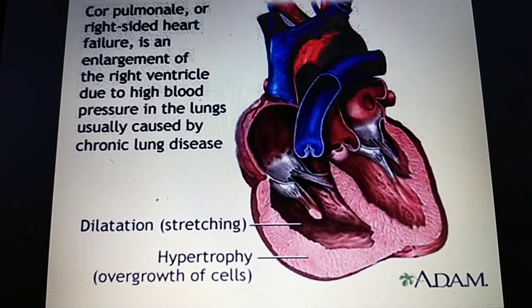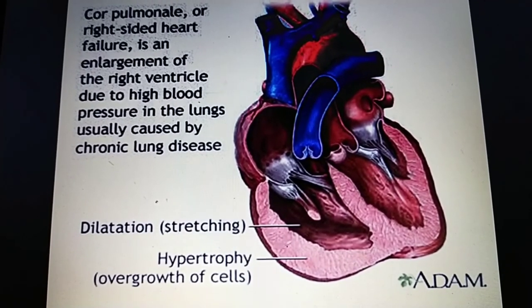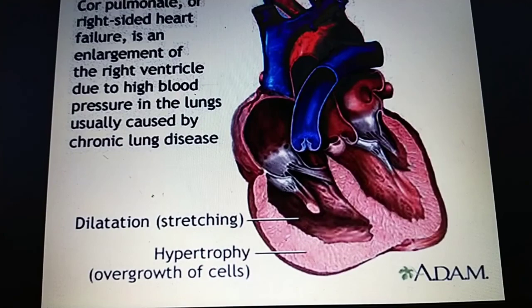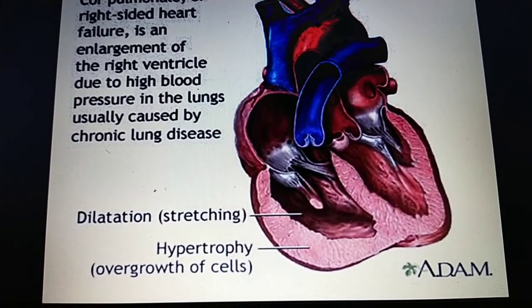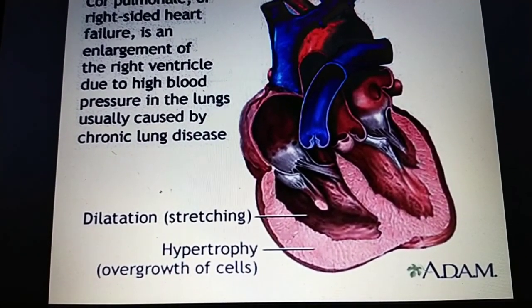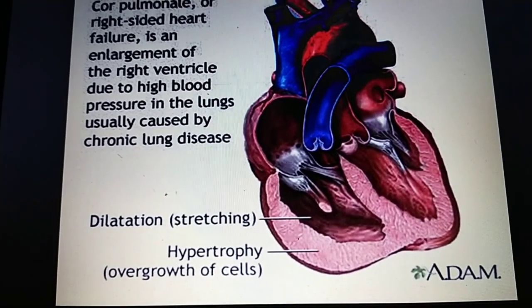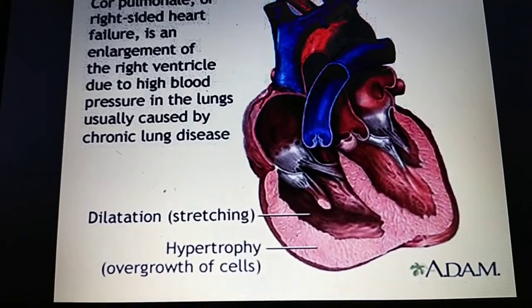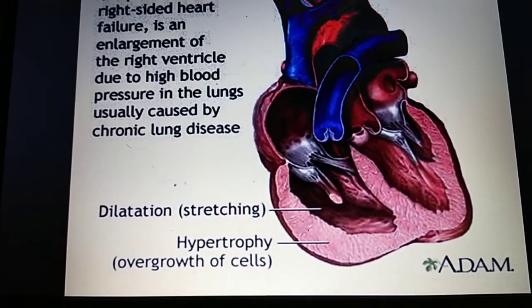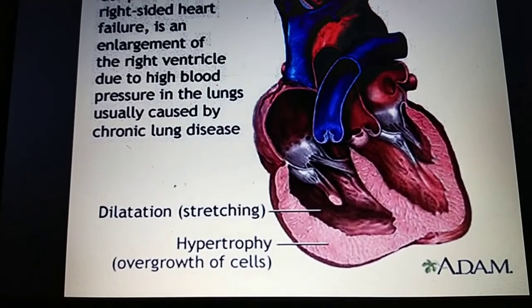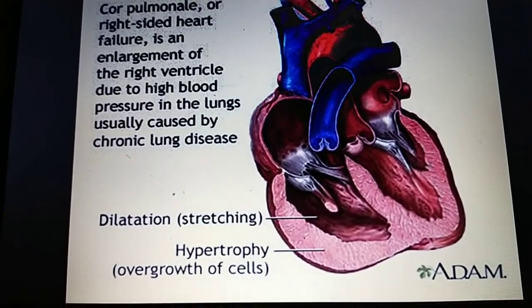Because of that, there is an increase in the pressure in the pulmonary artery and pulmonary trunk, and that increased pressure causes dilatation of the right ventricle, and then dilatation of the right atrium. So there is involvement of disease between two organs, one is the heart and another one is the lung.